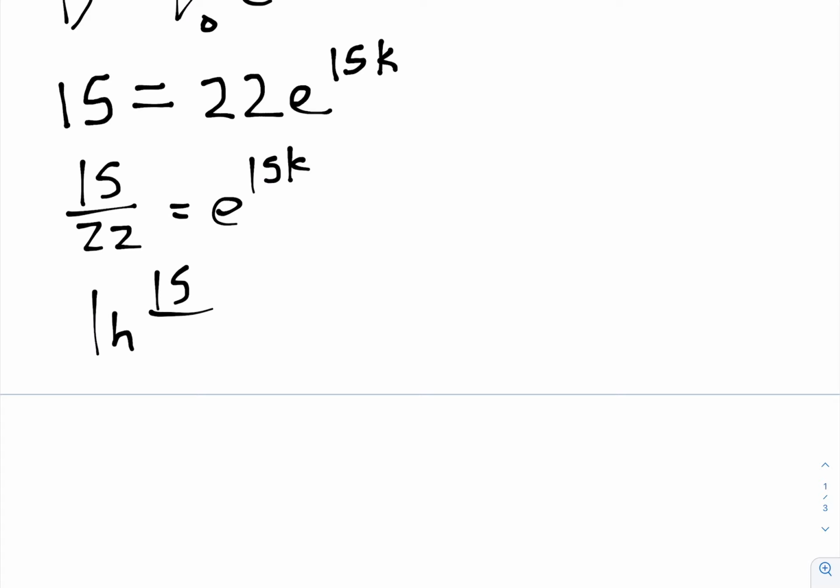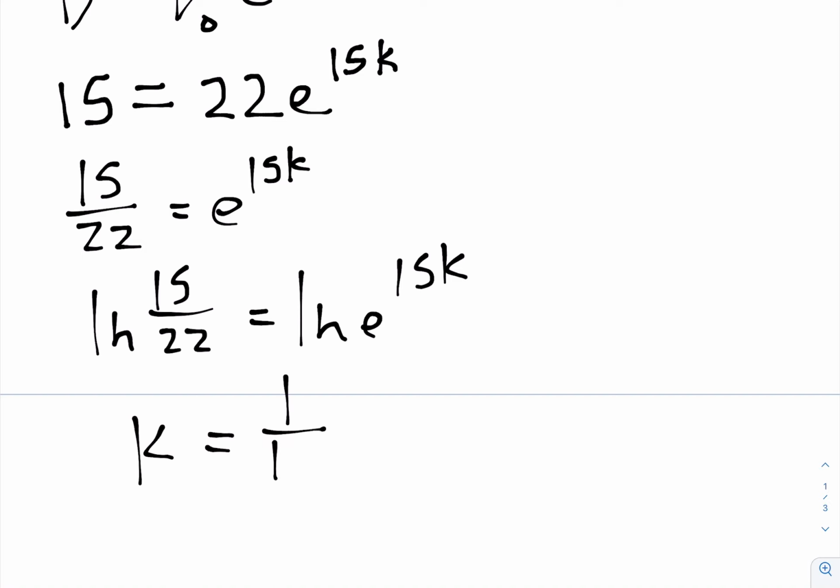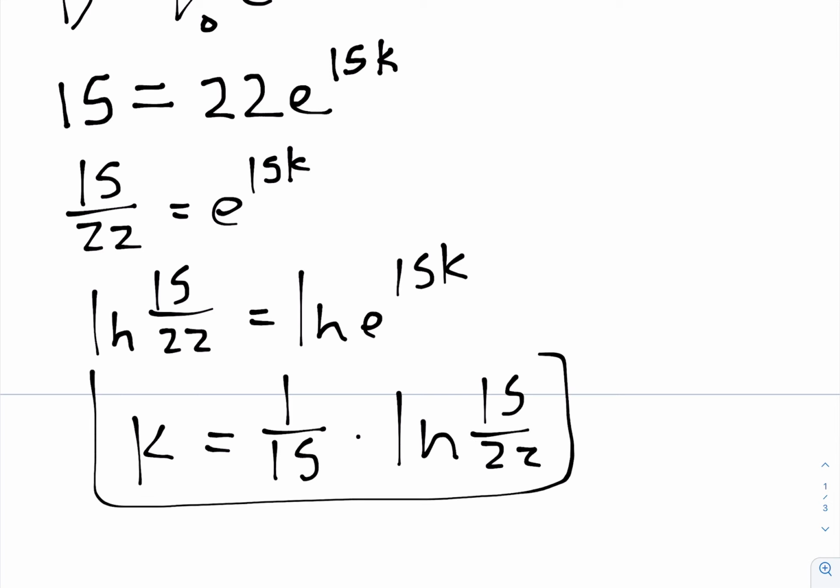Natural log of 15 over 22 equals the natural log of e to the 15k. Just do some algebra here, you'll find that k is going to be equal to 1 over 15 times the natural log of 15 over 22. So this is your exact value for k right here.